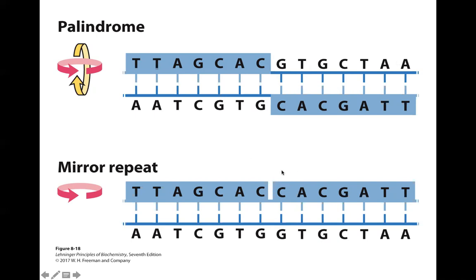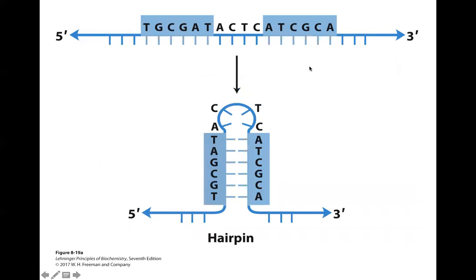So these are not as important in folding, but these kind of palindromic sequences are, and they form what's known as hairpin structures. So you would have this inverted repeat, right? A sequence here, and here it's an inverted repeat on the same strand. And there is some kind of sequence in between.